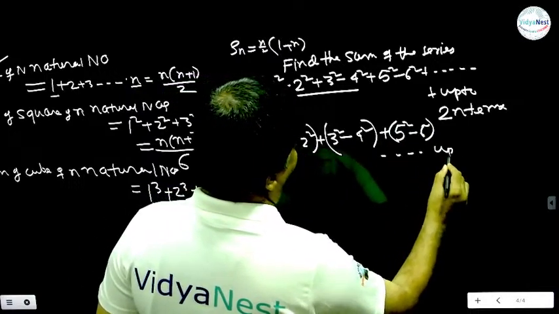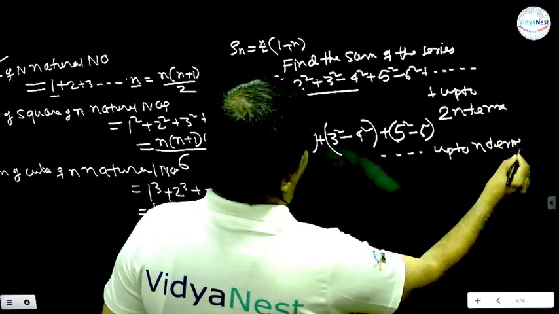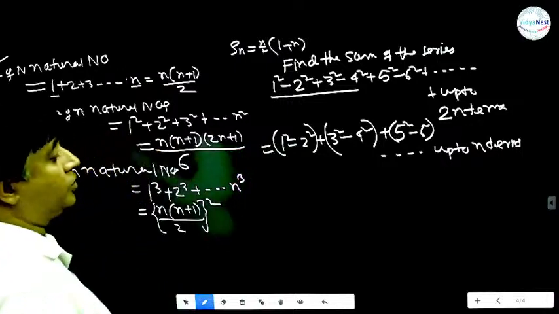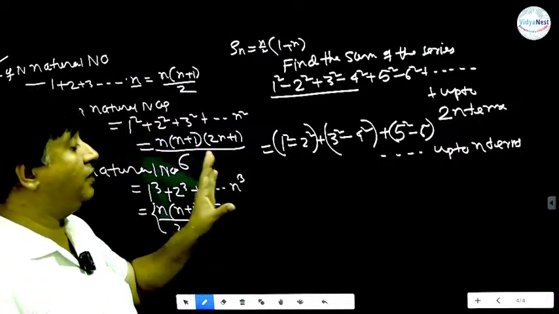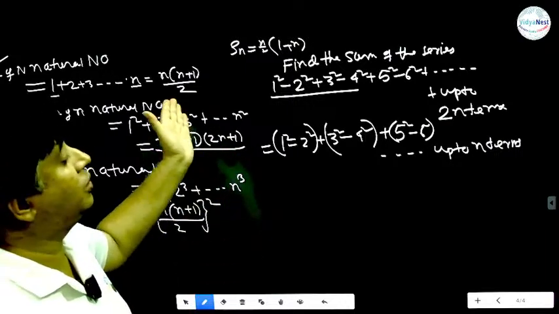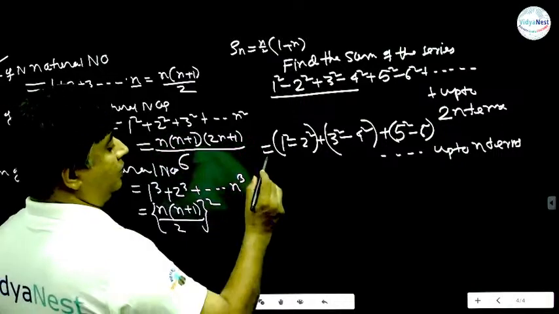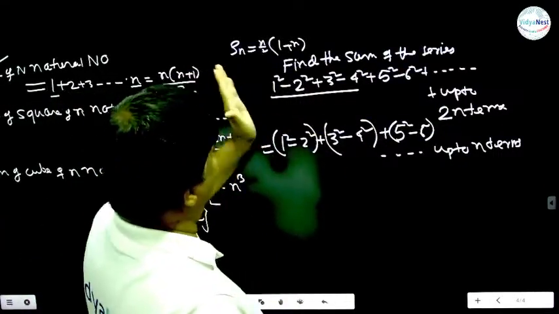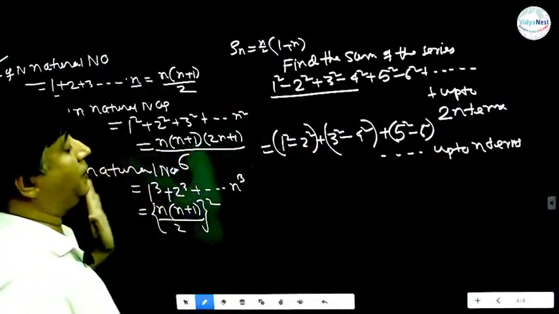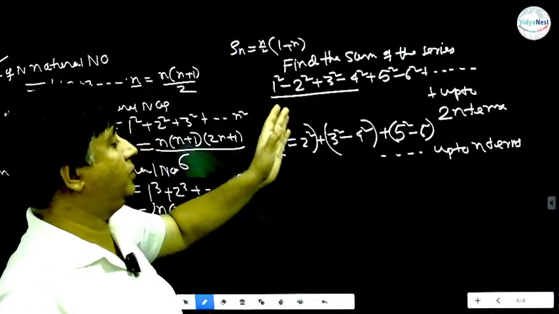So I can write up to n terms. A little bit privileged we are. Why? Because we are told to find 2n, and now 2n is reduced to its half. This series did not find any relation to AP because there was no common difference found in this series.